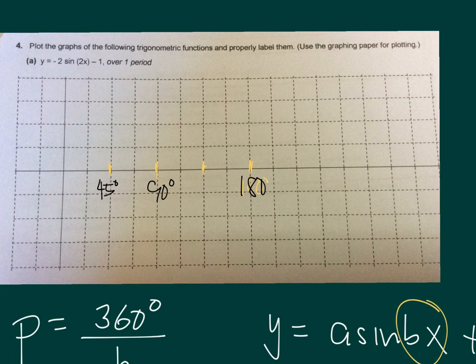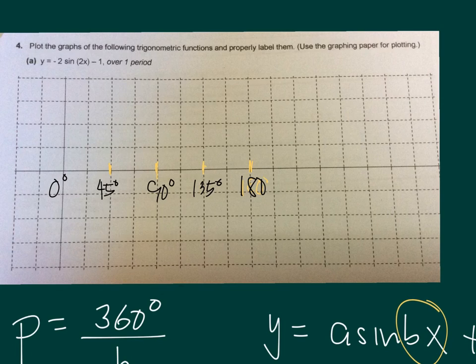This is 45 degrees, and between 90 and 180 is 135 degrees. Note this is the 0 degrees.